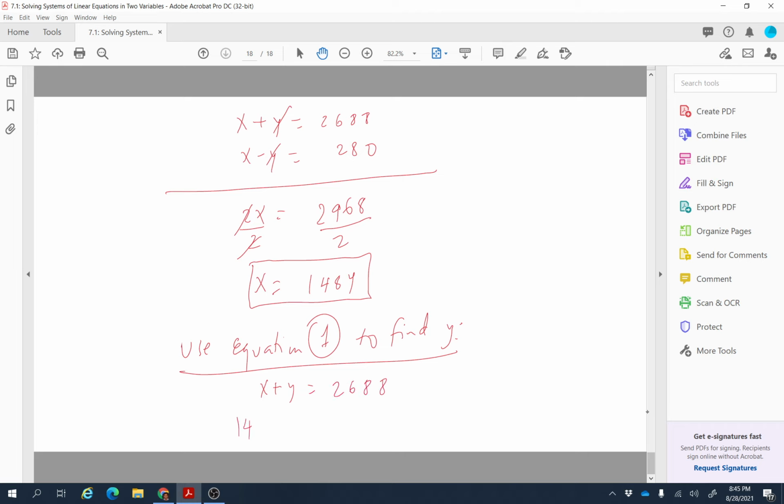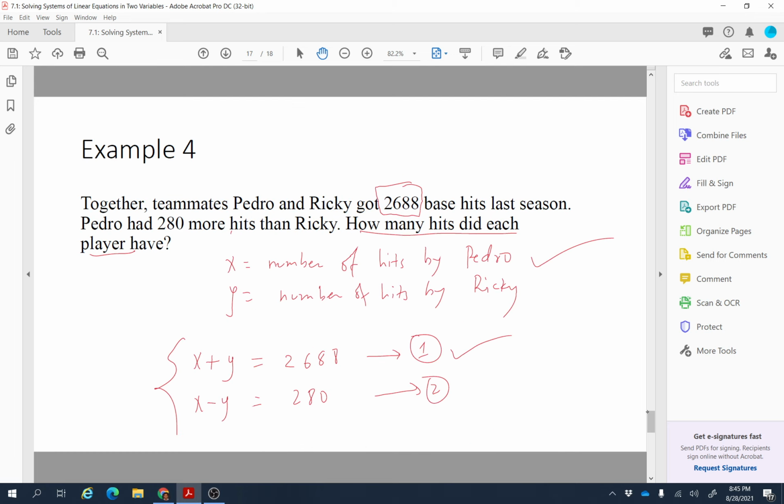I know x is 1484. So to find y, just subtract 1484 from both sides, and that gives us y equals 1204. So that's the solution of this system of equations.